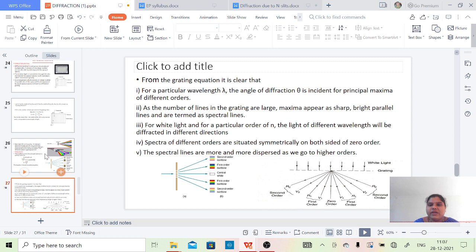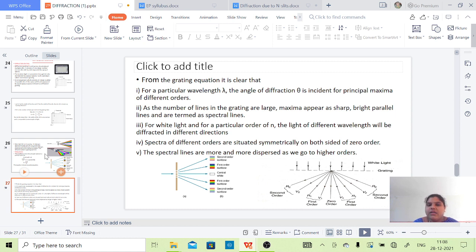As the number of lines in the grating is large, the maxima appear as sharp, bright parallel lines and are termed spectral lines. These spectral lines indicate the colors: zero order, first order, second order, third order.